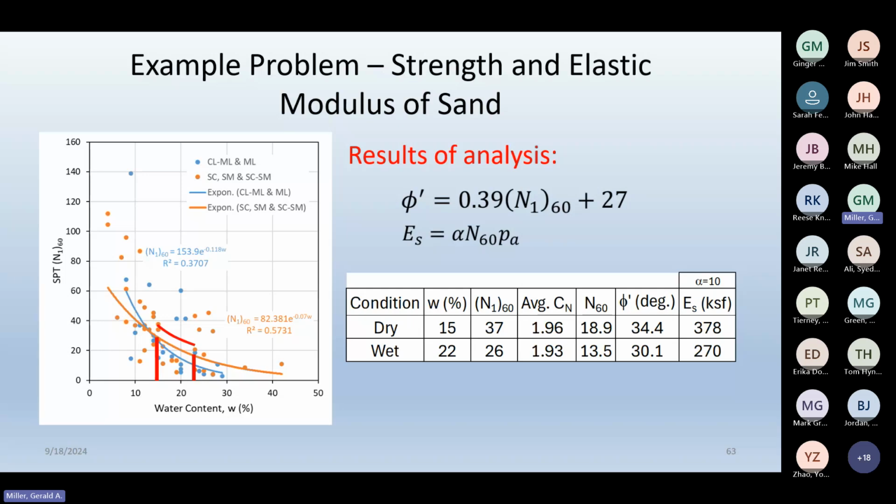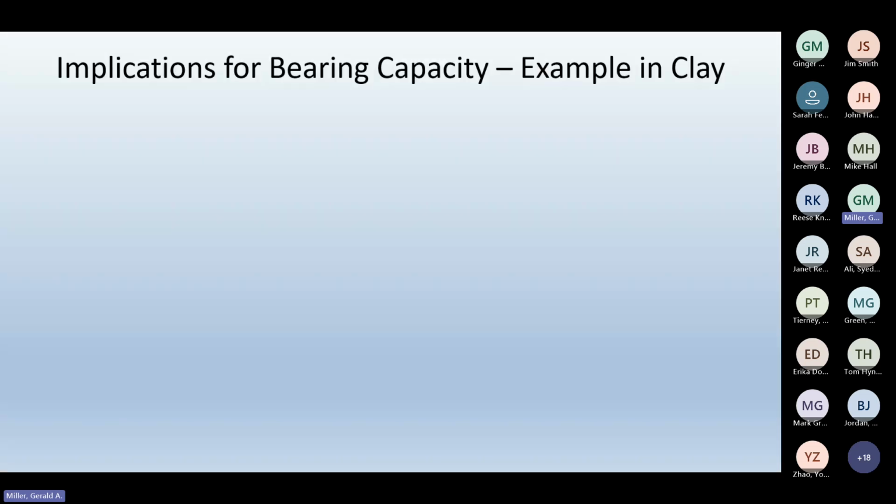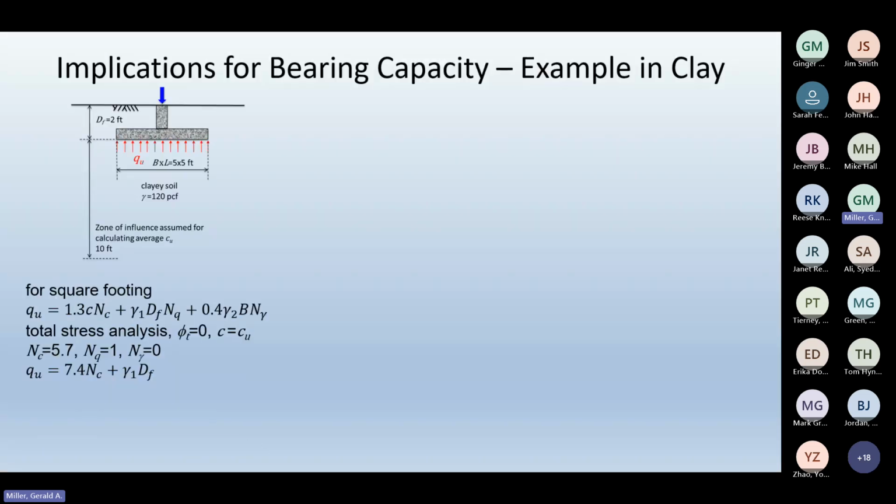Okay, so the last step in this process then is to see what effect these changes in estimated soil properties have on our analysis. And so I'm going to start with a bearing capacity example for clay.